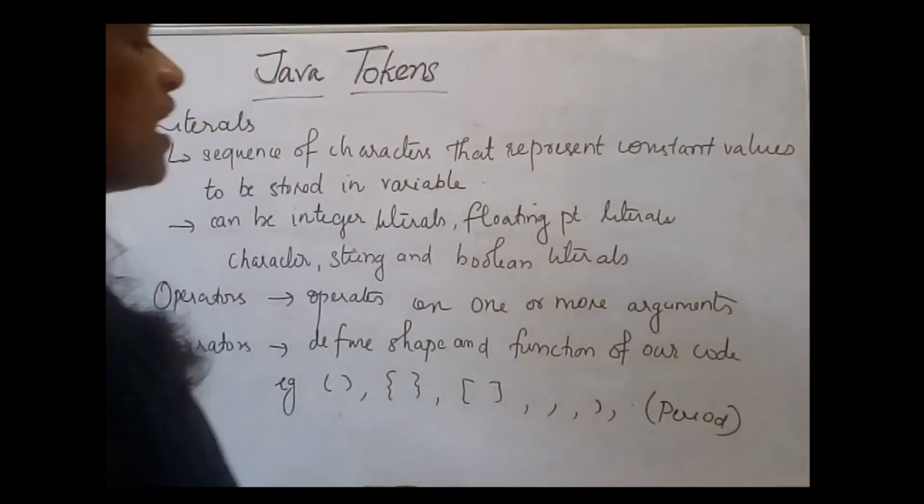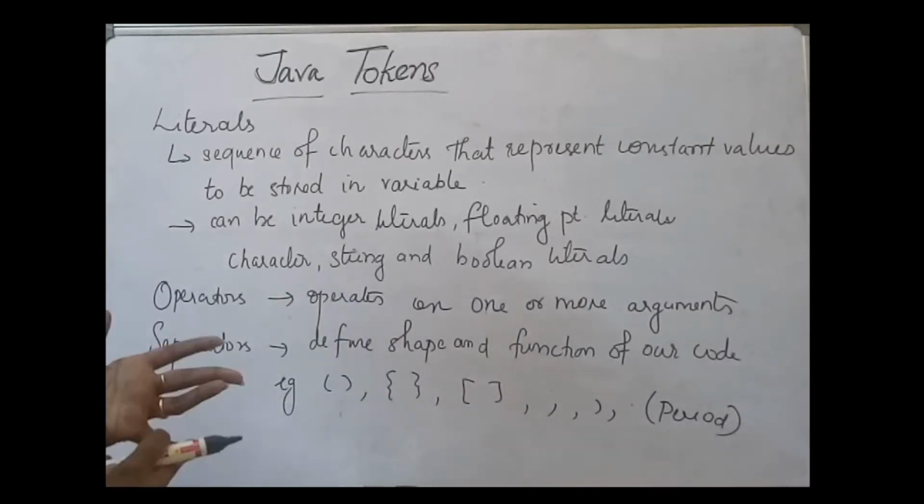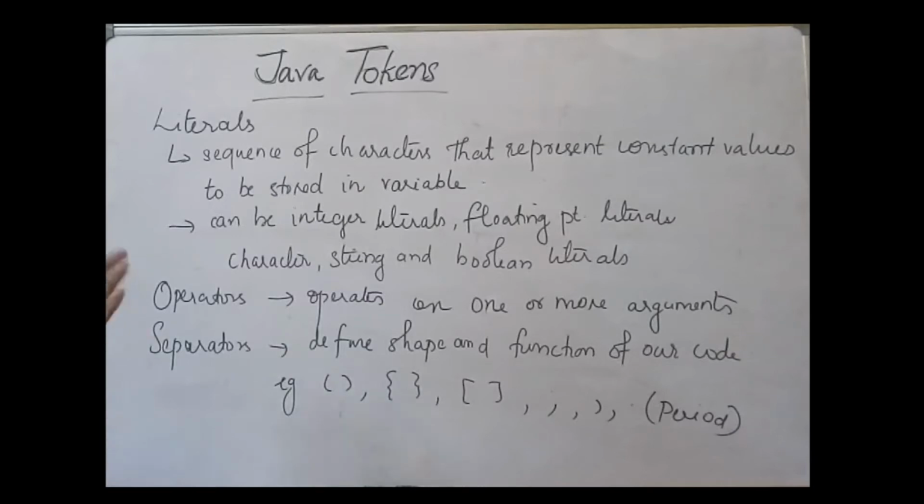Class members are accessed using an object with the help of the period operator. Okay, so these are the tokens available in Java. Mainly 5 types of tokens are there: keywords, identifiers, literals, operators and separators.